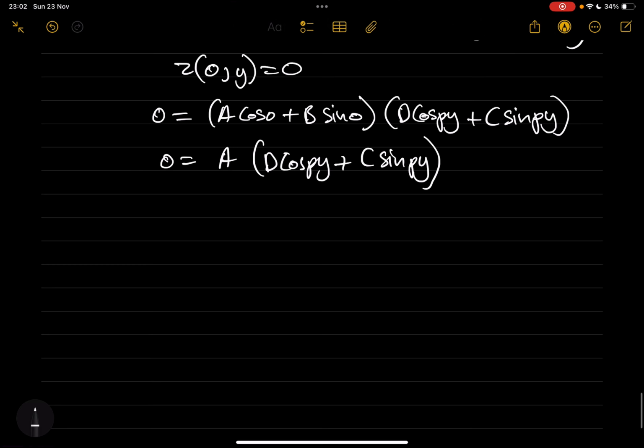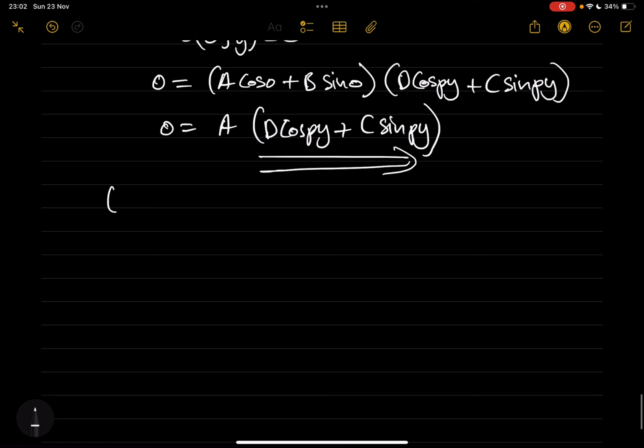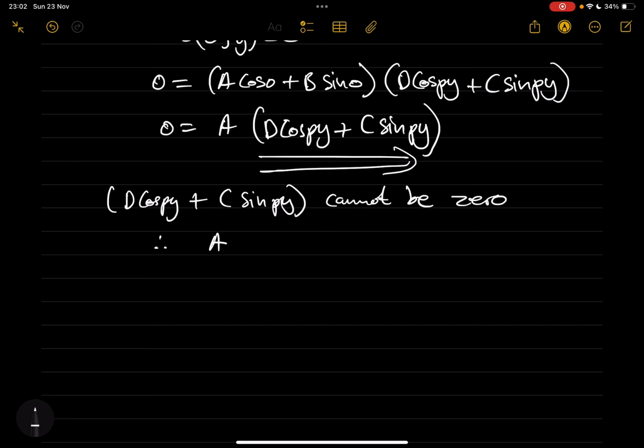These trigonometric functions alternate, so d cos py plus c sine py cannot be 0. That means a is equal to 0.